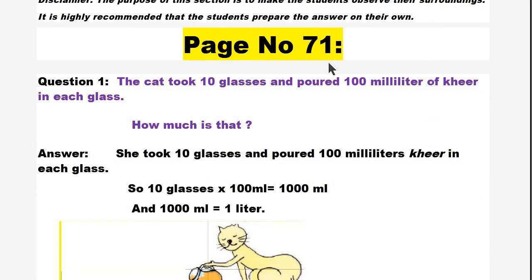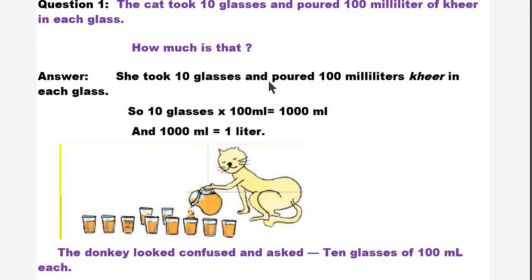Page number 71. The cat took 10 glasses and poured 100 milliliter of kheer in each glass. How much is that? Here 10 glasses are given.